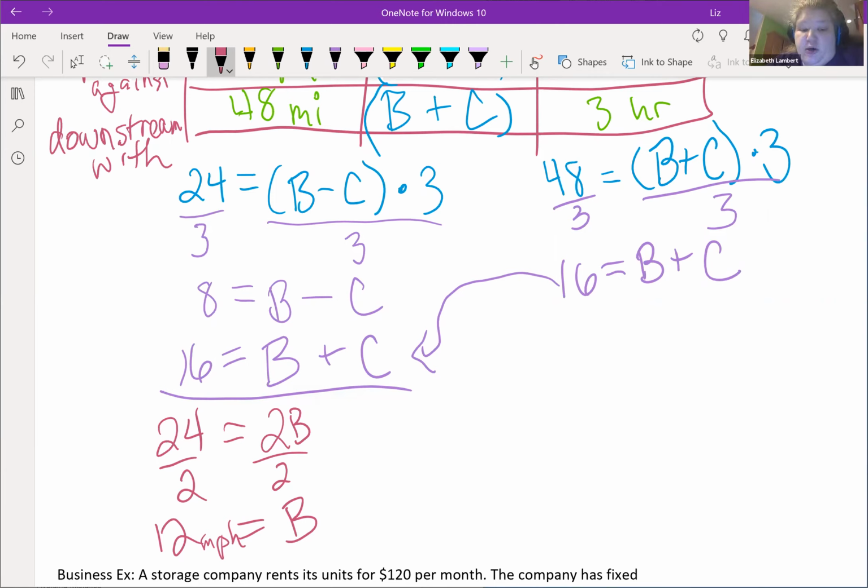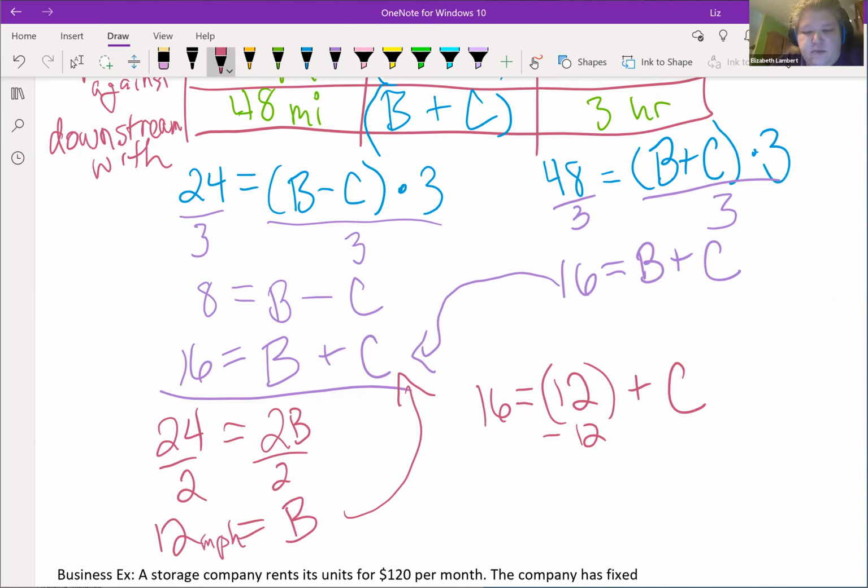So I've got to figure out the current speed now. Well, I prefer to go back to the 16 equals B plus C. So that would be 12 plus C. Well, I didn't need the parentheses, but again, safe math. Minus the 12, so the current is 4 miles per hour.